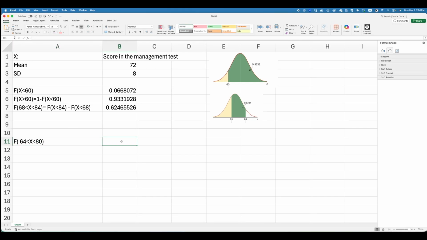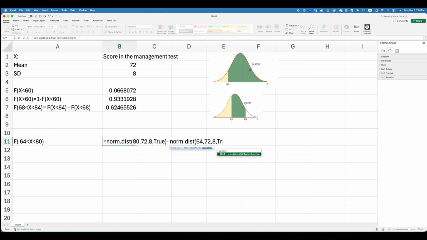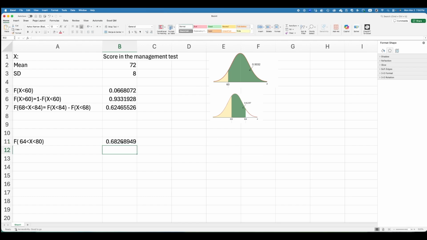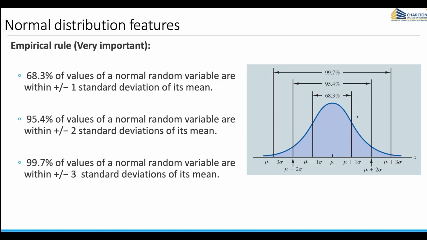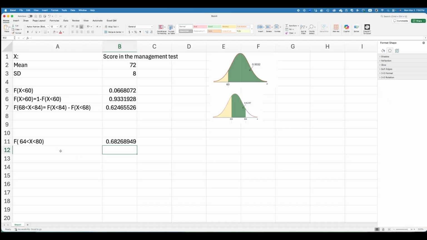So I can calculate this: norm.dist, larger area, so we use the larger number, 80, 72, 8, and true, minus norm.dist 64, 72, and 8, and true. So that gives us almost 68.3% of the area within 1 standard deviation, as you can see here. You can calculate the 2 standard deviation and 3 standard deviation also.